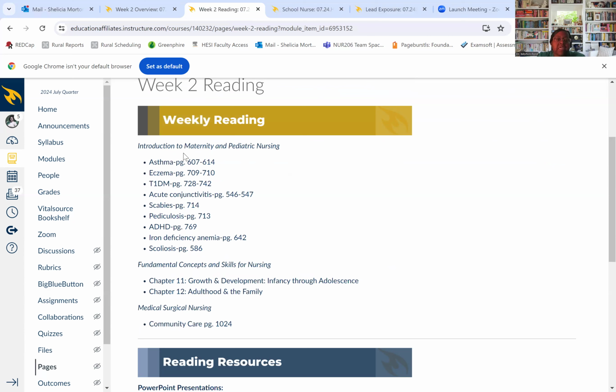But specifically in this book, you should be able to find information regarding asthma on the pages that are listed here, and then so forth. The fundamentals, concept, and skills for nursing: look in these chapters. And then the med-surg nursing, you want to look on page 1024. So ensure that you have the correct edition of your books, and it should align with these weekly readings.